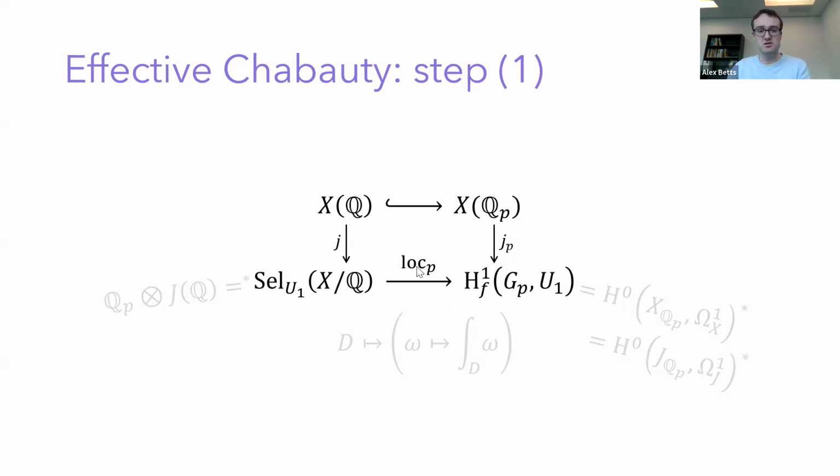So when you follow through all the definitions and try to work out what this global Selmer scheme is, it turns out, modulo a small technical issue I don't want to really talk about, that this global Selmer scheme is just Q_p tensor the Mordell-Weil group of the Jacobian.